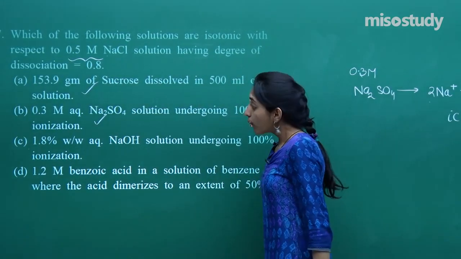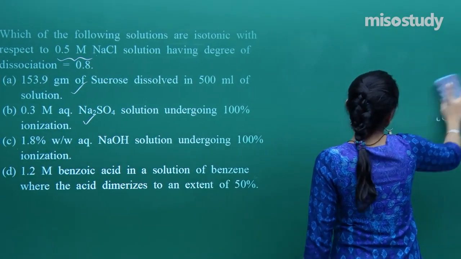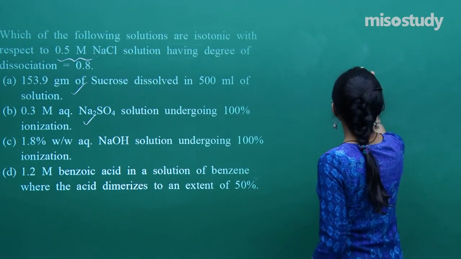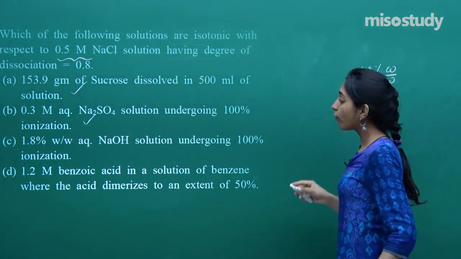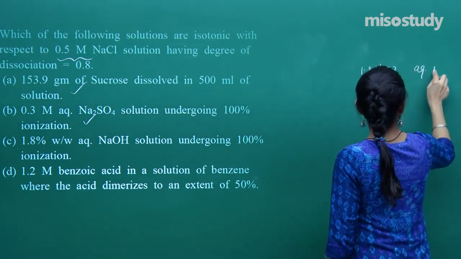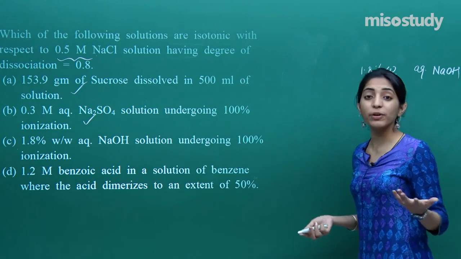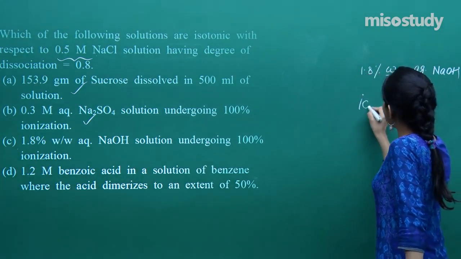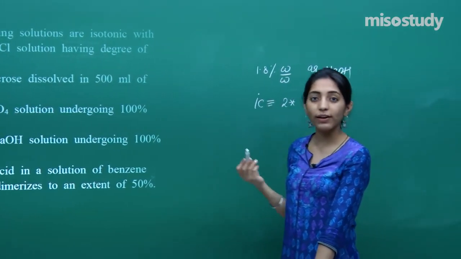Moving further, third part, 1.8% W by W, weight by weight of aqueous NaOH undergoing 100% ionization. So we need to get the iC value. i for sure will be 2 because NaOH will give Na+ and OH-.